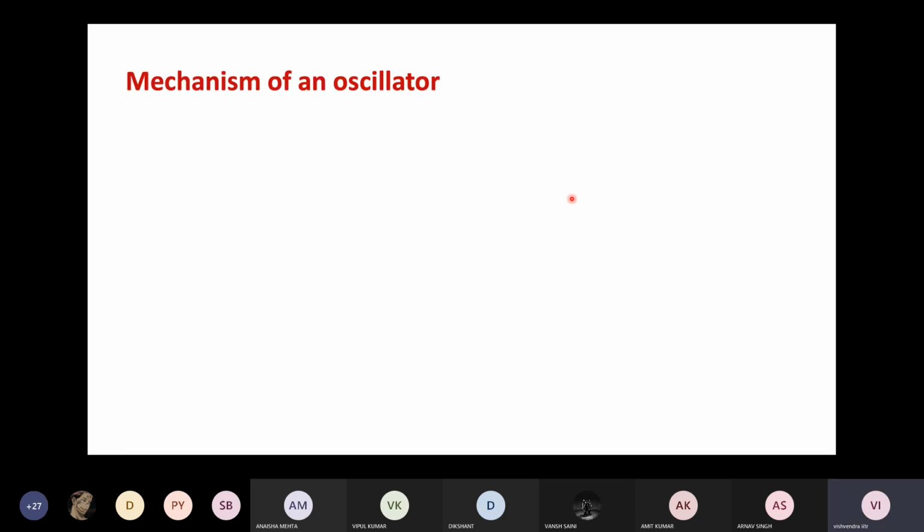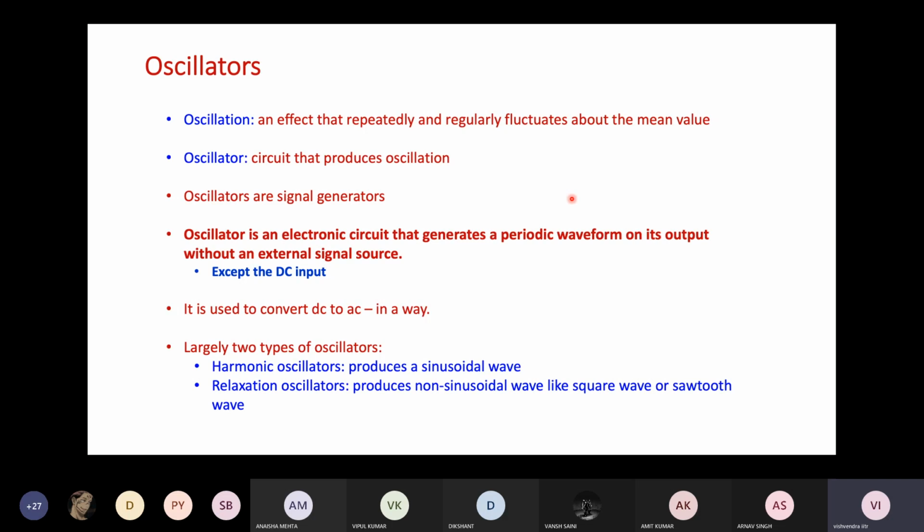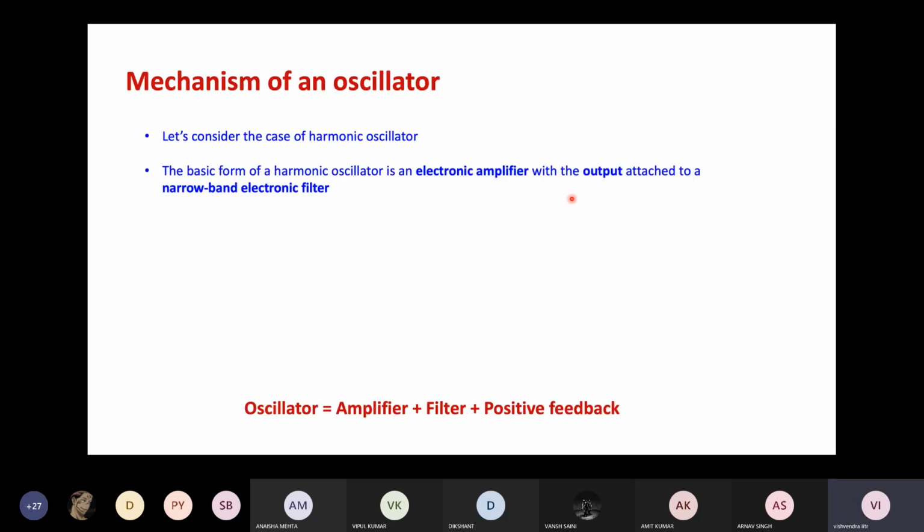The basic mechanism is that an oscillator is a combination of these three components: amplifier, filter, and positive feedback. So as Dikshant pointed out, positive feedback is required, but in addition to that, we need an amplifier and a filter.